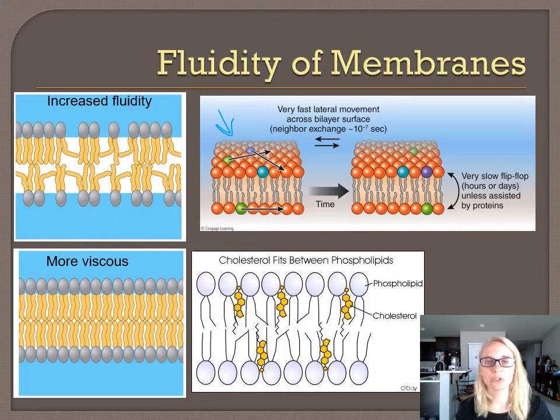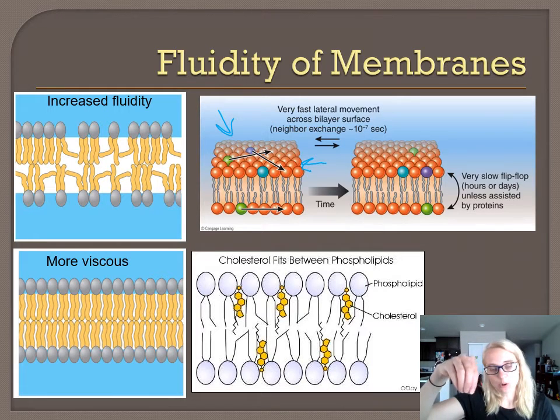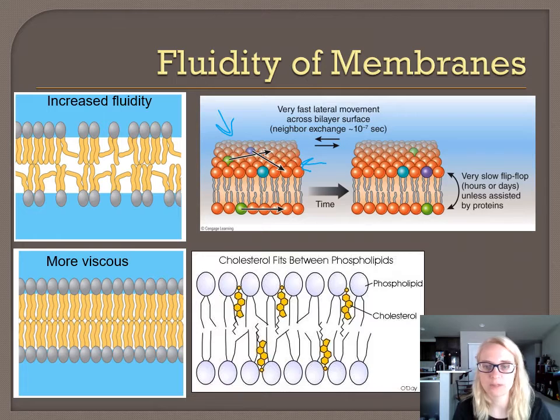If you were able to mark or tag or put a little label on your phospholipids, so you can see they've done a green one and a purple one and a blue one, we would see that on just this upper layer right here, those membrane phospholipid molecules actually move around in their own layer very fast. So very fast lateral movement across a bilayer.